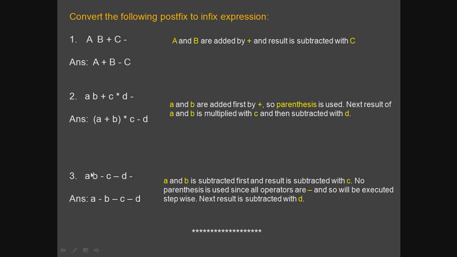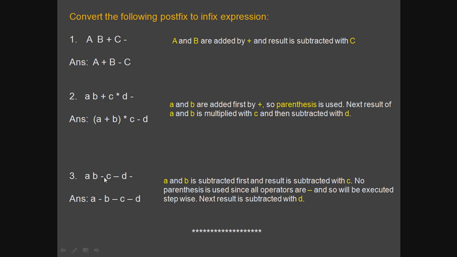Okay, so next we have this postfix notation ab minus c minus d minus. So we have to get the answer in infix as a minus b minus c minus d. So this is a simple step-by-step sequence flow. As you can see, first a and b are subtracted, and then the result is subtracted with c. Here there is no need to use parentheses, because all the operators are minus symbols and they have the same priority.